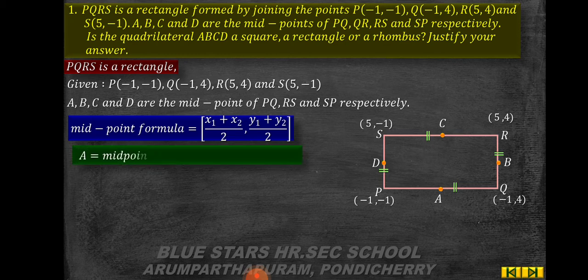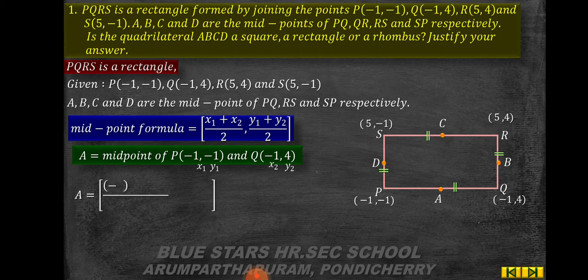First we are going to find the midpoint A, that is midpoint of PQ is A. So we are taking the 2 points P and Q. So A is equal to midpoint of P of minus 1 comma minus 1 and Q of minus 1 comma 4. We know the values x1 y1 and x2 y2. So substitute those values in the formula.